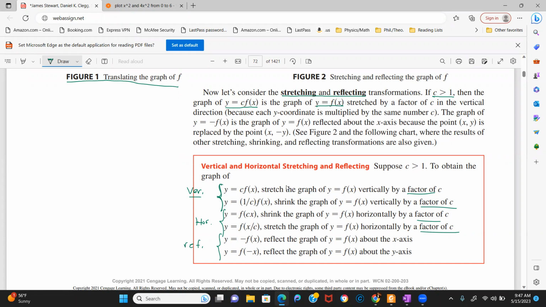All right, so now if we multiply by c, in other words, if we take x, evaluate f of x, and then we multiply by this number c on the outside, we're uniformly multiplying every y coordinate by c. And c is bigger than 1. So in other words, we're increasing the y coordinates.